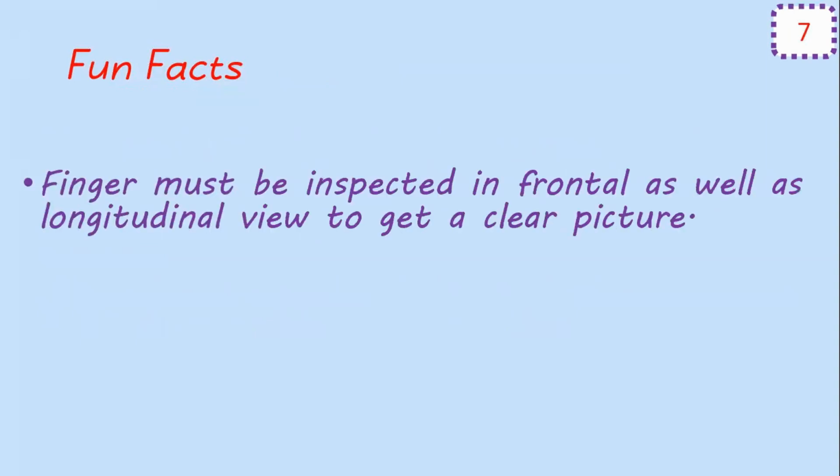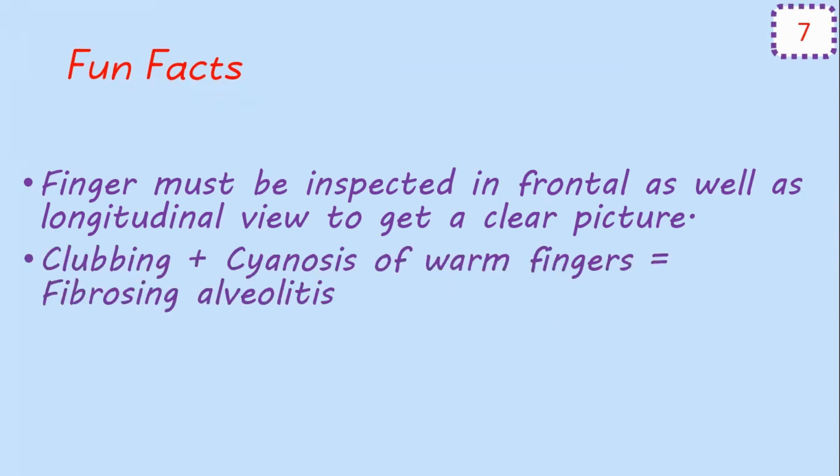So, talking about a few fun facts. The first thing is that the finger must be inspected from the frontal as well as longitudinal view, so as to get a clear picture, also to confirm whether it is actually clubbing or not. And clubbing, if seen with cyanosis of warm fingers, is known as fibrosing alveolitis.